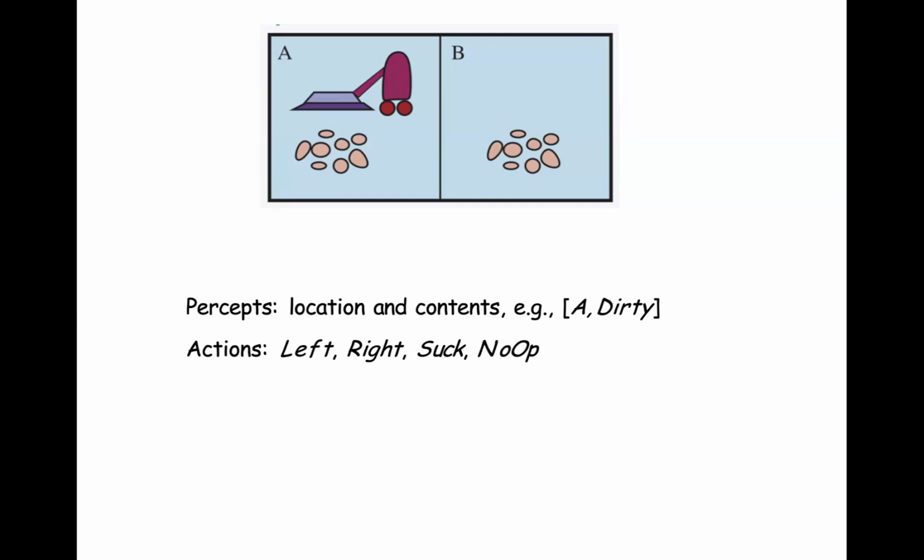There's also a condition variable that describes whether or not there's dirt sensed. So an example of a percept is A comma dirty, that means that the robot senses that it is in location A, and it also senses that wherever it is, it's dirty.